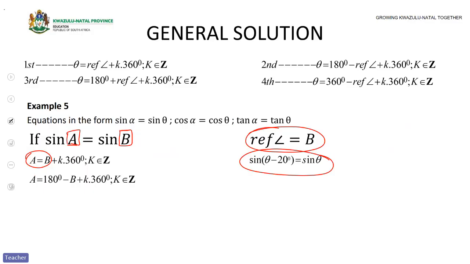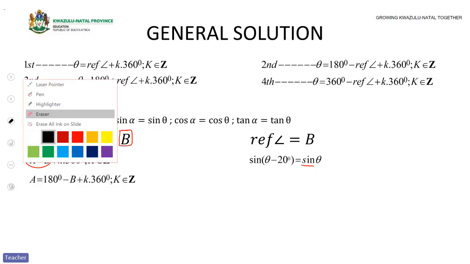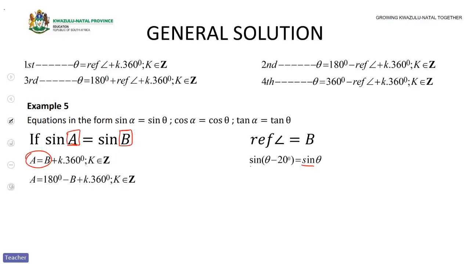You can see that we are given the same trig ratio, sine of an angle equals sine of an angle. So you need to apply what I've just explained. For these two to be equal, this angle must be equal to the other angle, and you let this theta be your reference angle.